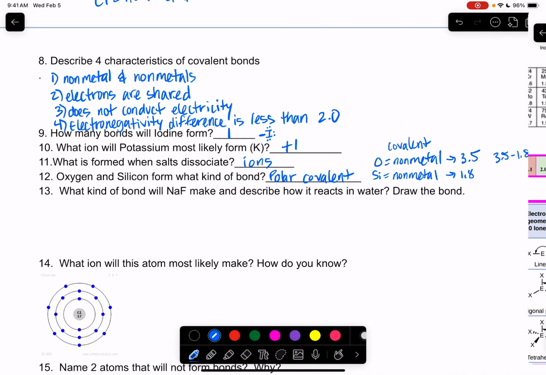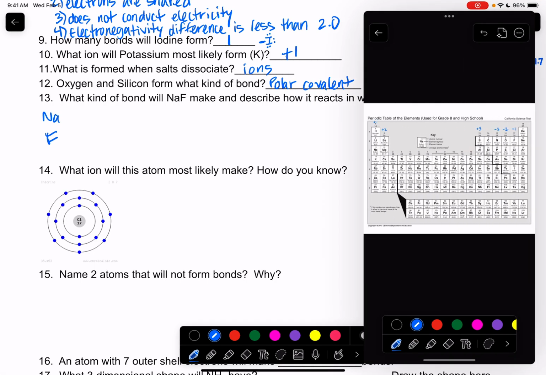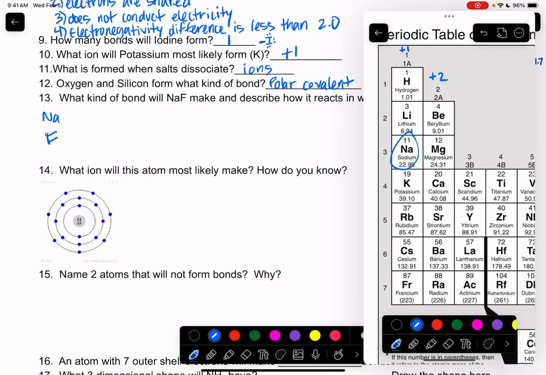Okay. Next one. What kind of bond will NaF make, and describe how it reacts in water? Draw the bond. So Na and F. Again, let's use our periodic table. Na is over here, so that's a metal.